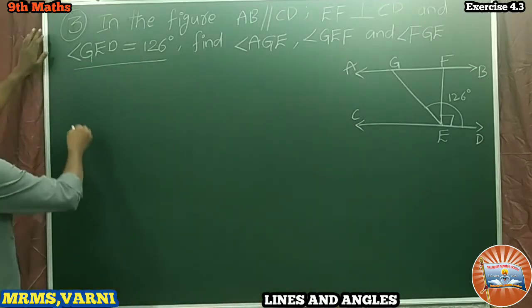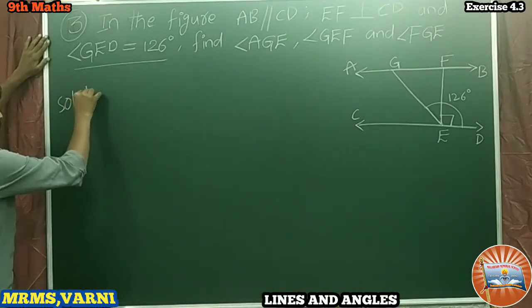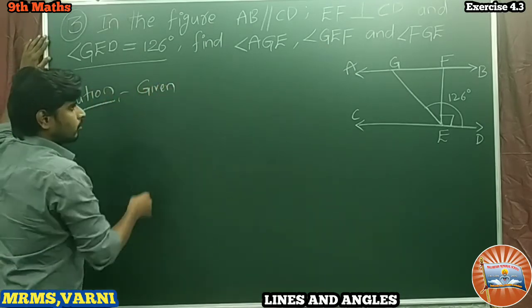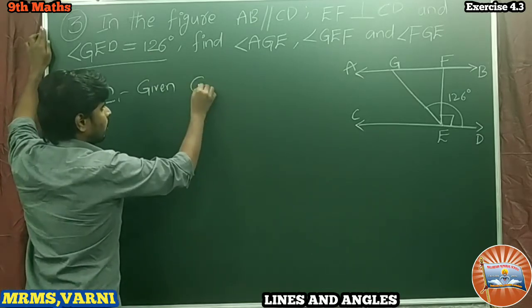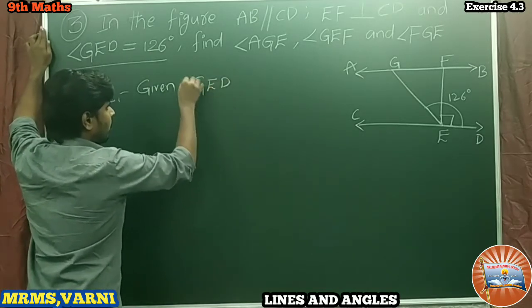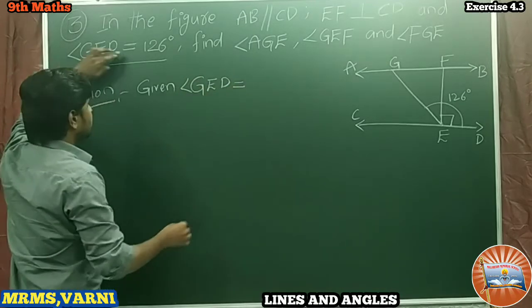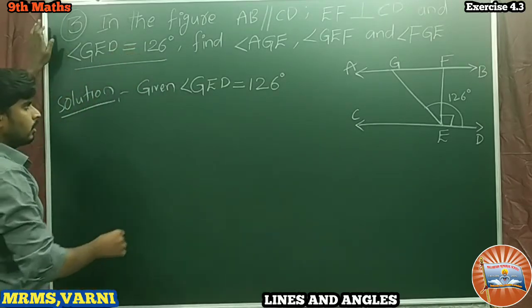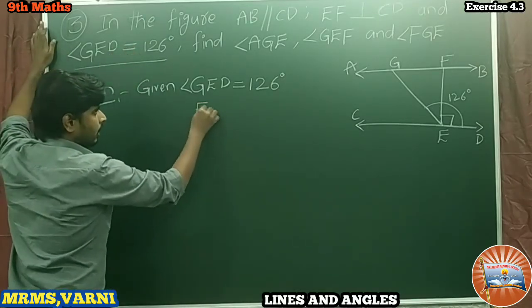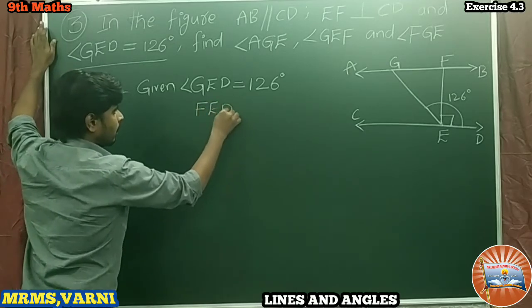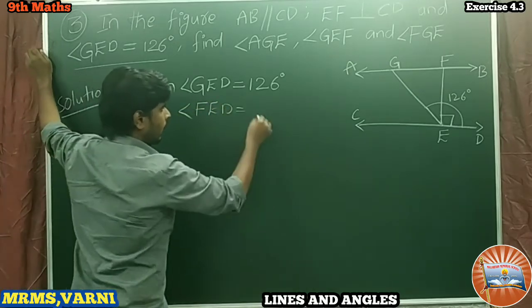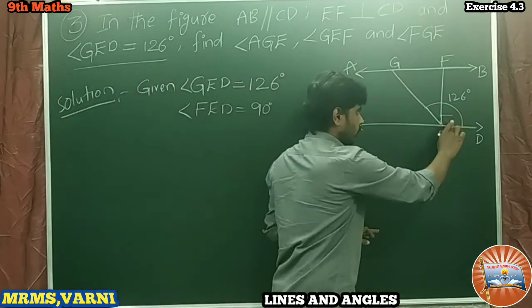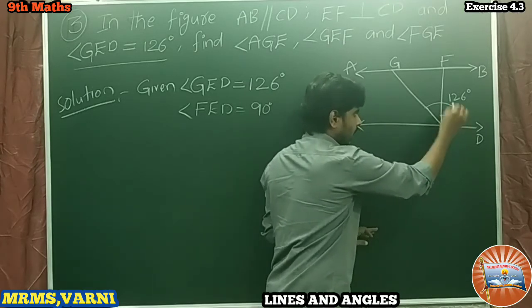Let us write what is given. Angle GED is equal to 126 degrees, and FED we already have as 90 degrees. The symbol indicates a 90 degrees angle.